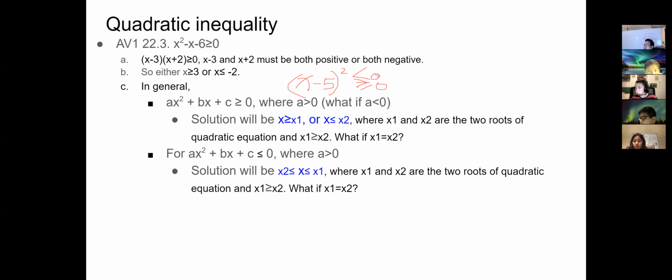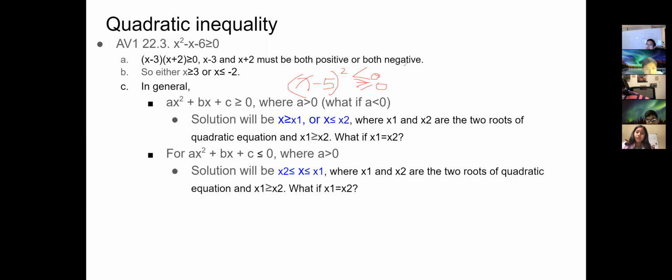Let's say if this whole thing squared is less than 0, do we have a solution? No, because anything squared cannot be less than 0. If less than or equal to 0, then we have how many solutions? 1.